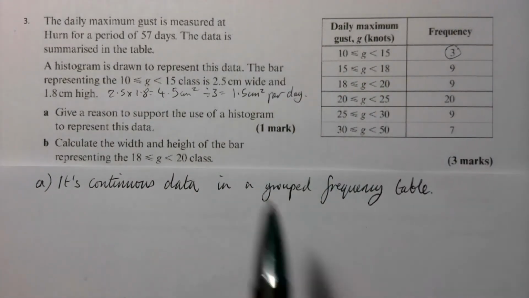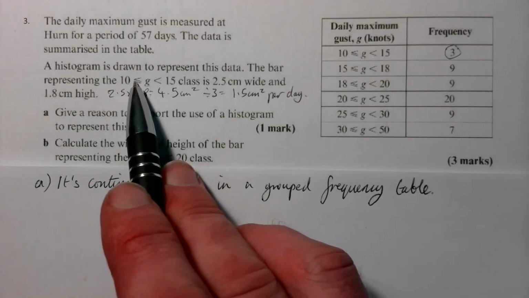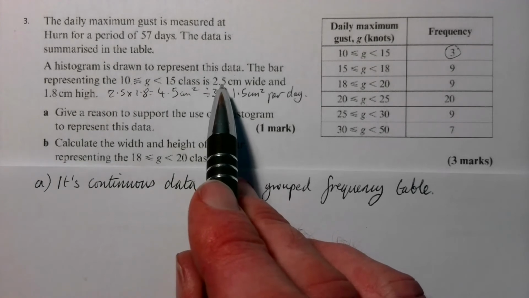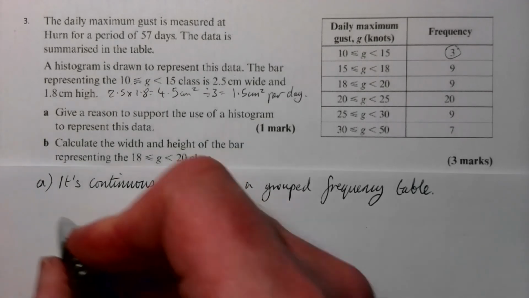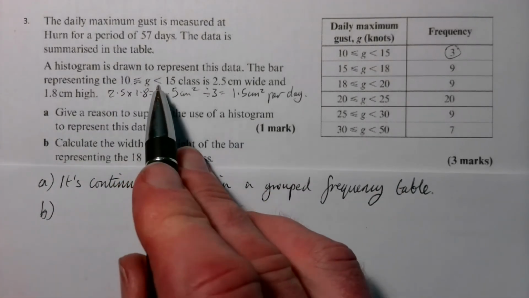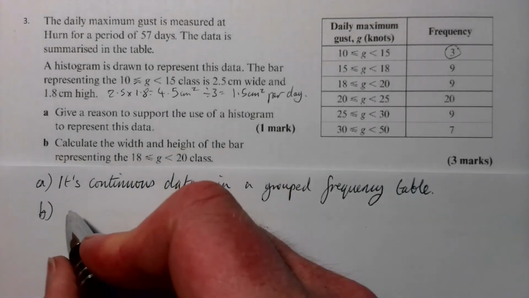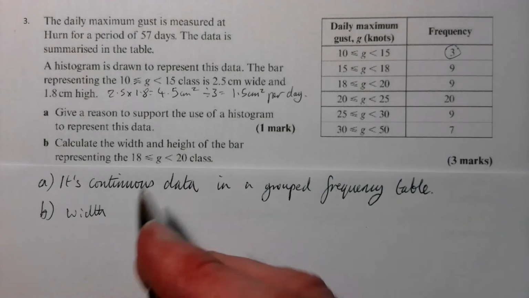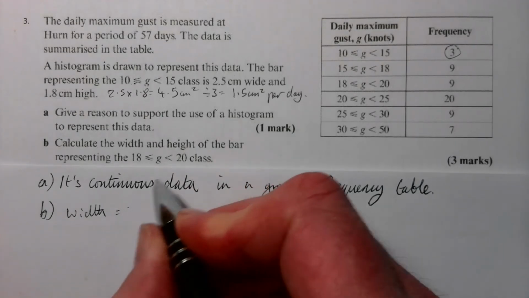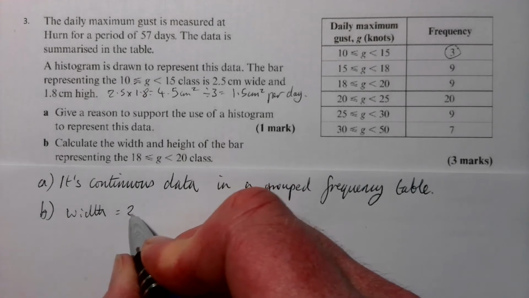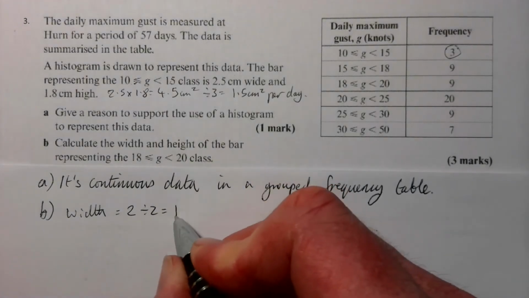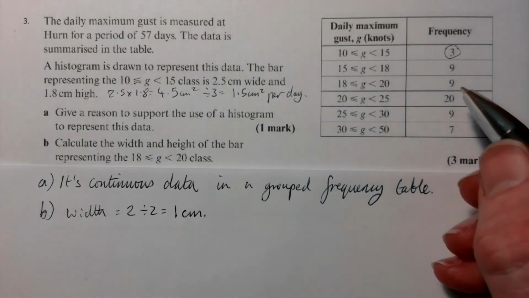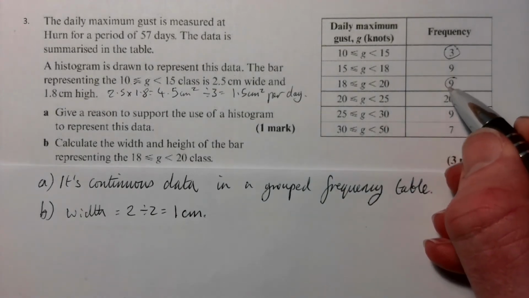Now, the other thing to think about is the width of this class is 5 from 10 to 15, and that's been used to 2.5. So the width is dividing by 2, isn't it? So the width of our bar from 18 to 20 is going to equal, well, 18 to 20 is 2, isn't it? So 2 divided by 2 equals 1 centimetre. And then the thing we've got to think about is we've got a frequency of 9.